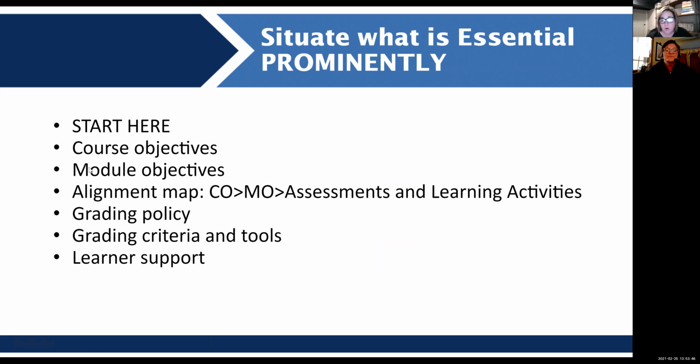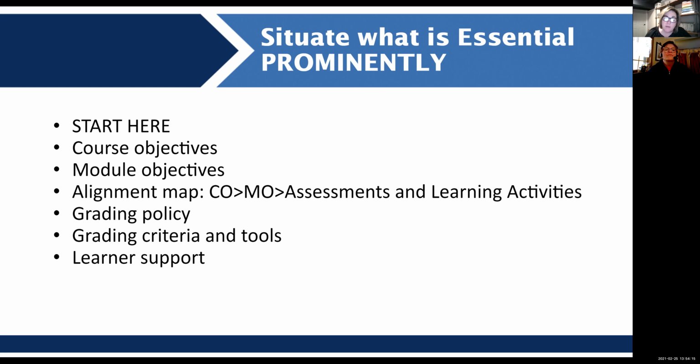One of the most important things that you can create in order to have a successful review is an alignment map, where you turn your course schedule, which usually states the dates and assignments that are due, and put your course objectives and your module objectives into that course schedule, so that we can see here's the course objective, here's the module objective, here's the assignment that you did and the learning activity and the assessment that's due.